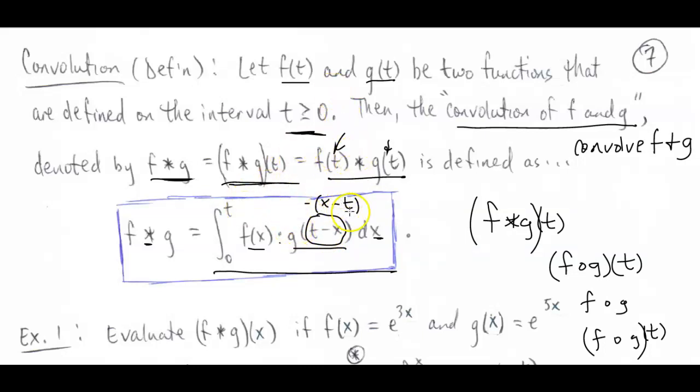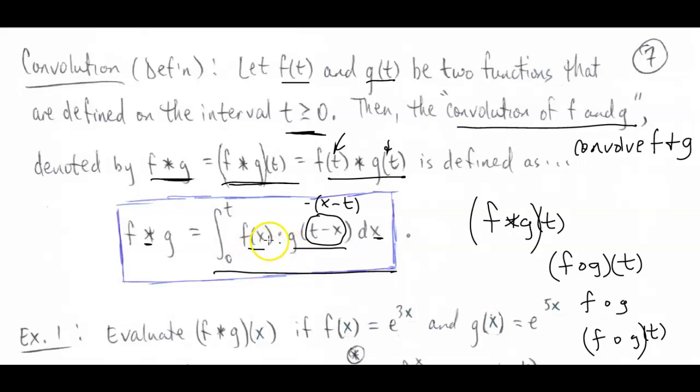And if we remember from pre-cal, we know that variable minus positive number is going to be a horizontal shift to the right, t units in this case. And then this minus on the outside here means that we're doing a reflection about the y-axis, okay? So that's why I say that this function is really a horizontal shift and a reflection about the y-axis there.